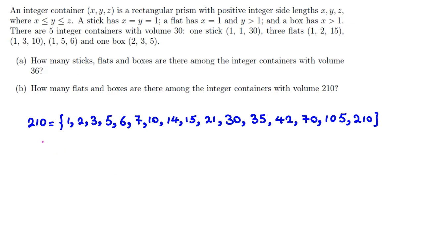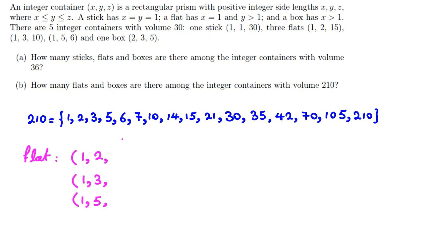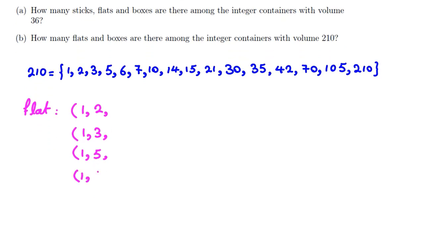Okay, by our case work, let's consider first we have flats. It is x is 1, but y is not 1. So we can say 1 2, because 2 is a divisor of 210. 1 3, 1 5, 1 6. We can go up to which number? 14 times 15 is 210.